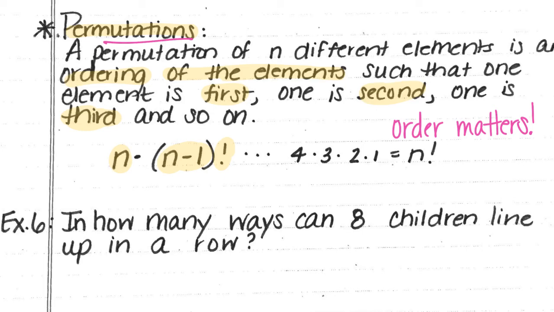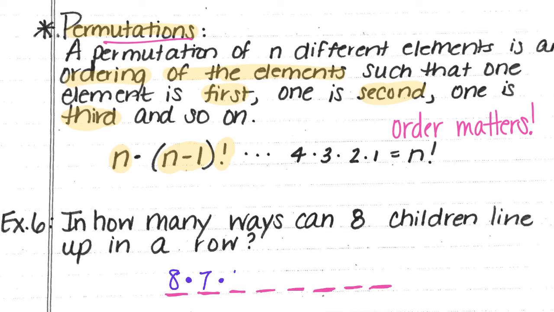How many ways can 8 children line up in a row? Well, obviously, there's 8 children: 2, 3, 4, 5, 6, 7, 8. In the first spot, everybody wants to be the engineer, the top of the choo-choo train. So in the first place, there can be 8 children. In the second place, that 1 is already taken, so there can only be 7.